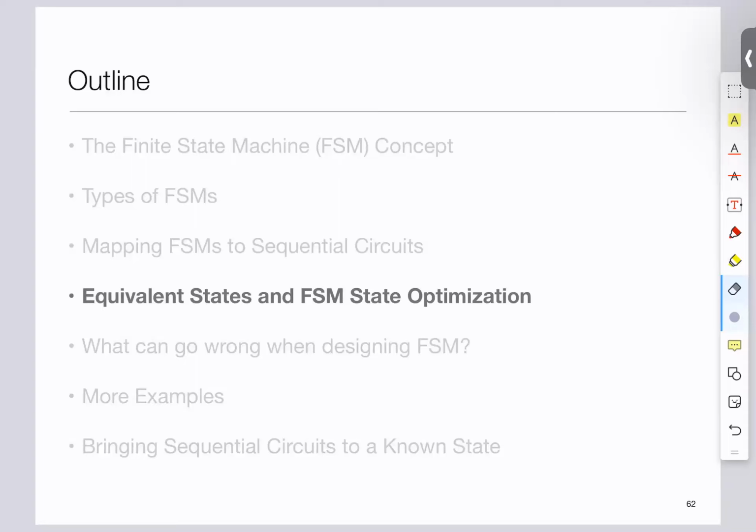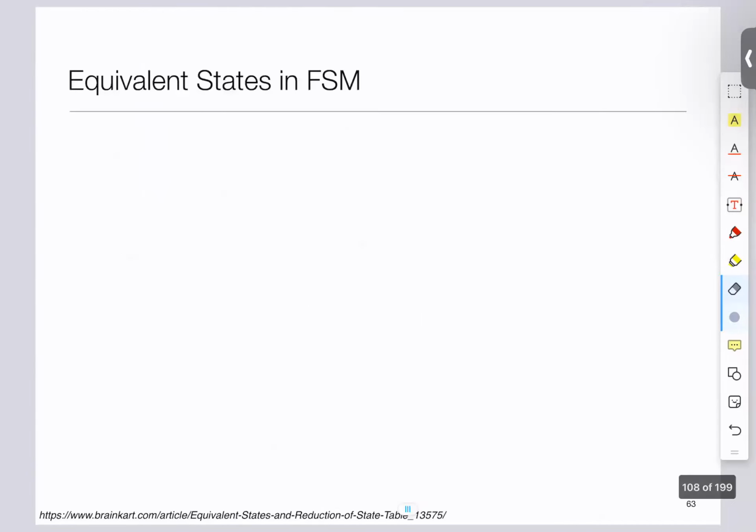There is a third place where optimization is often needed. We humans are very bad at thinking about states. So sometimes we create state diagrams where the states are actually redundant. I could reduce the number of states. That's this notion of equivalent states in finite state machines.